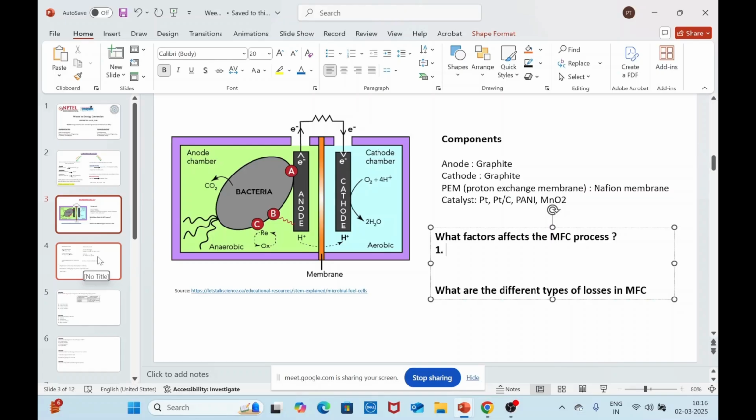In IITs also, they work on this. So research is still going on within this field. Especially, what they are trying to understand more is the mechanism for this electron transfer.